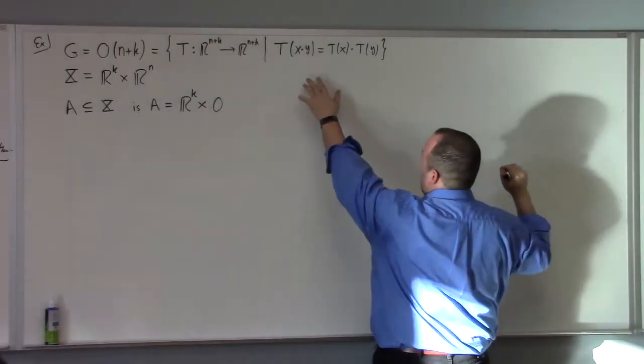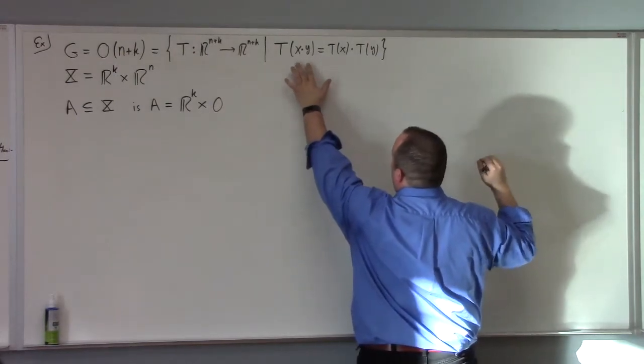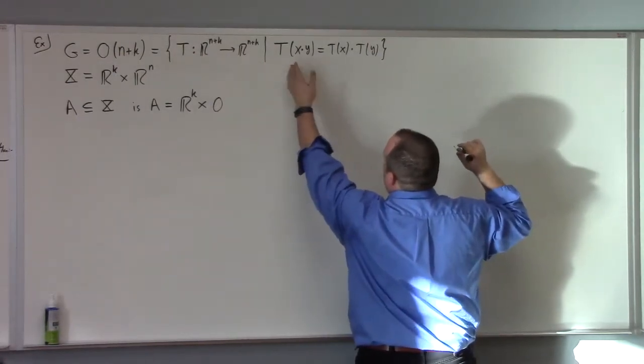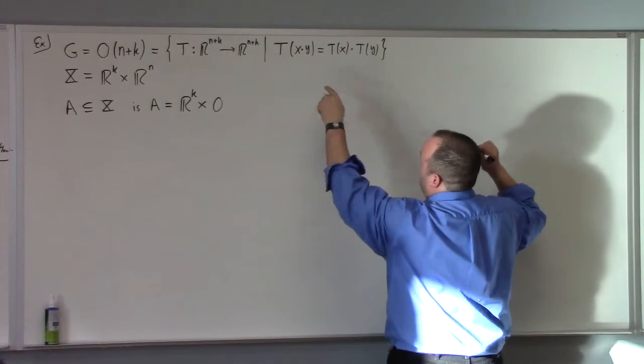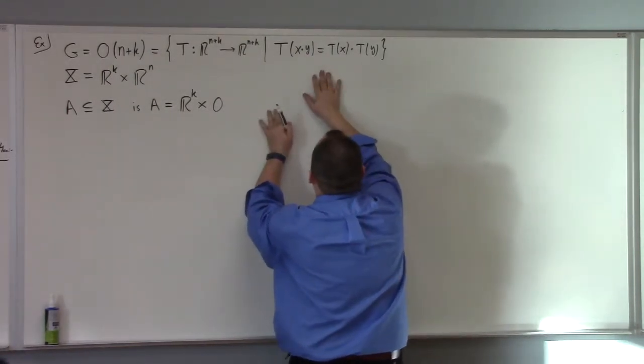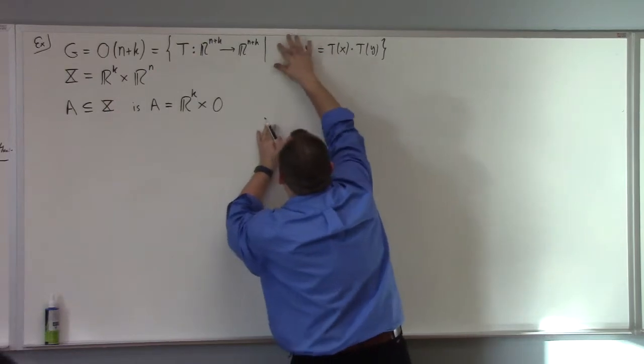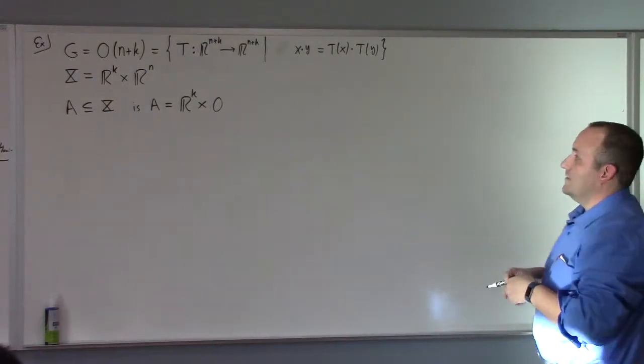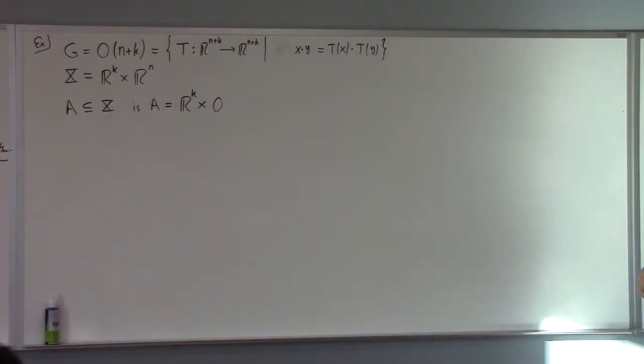Because if you use the Euclidean norm... Otherwise I can't feed a scalar to a transformation.